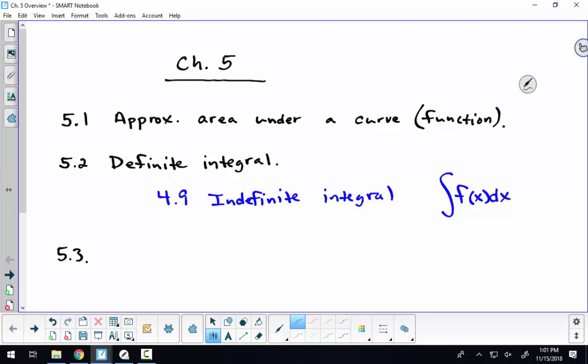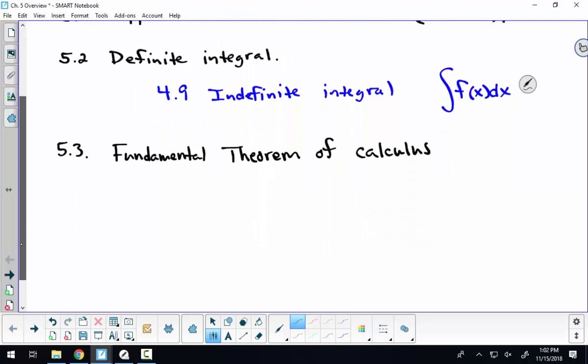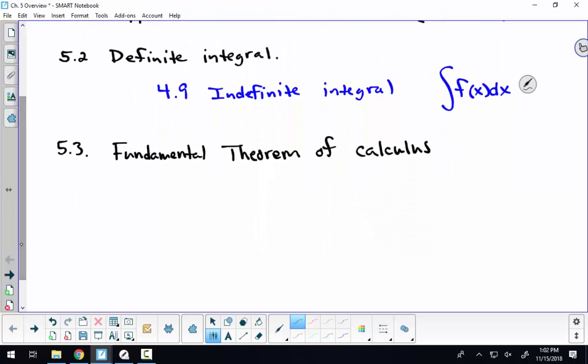In 5.3, we'll look at the fundamental theorem of calculus. It's not really until 5.3 where we can develop a shortcut method to find the area under a curve. So that's where the fundamental theorem of calculus comes in.